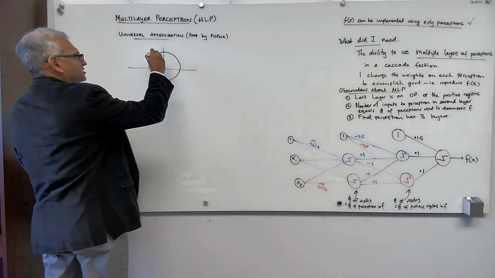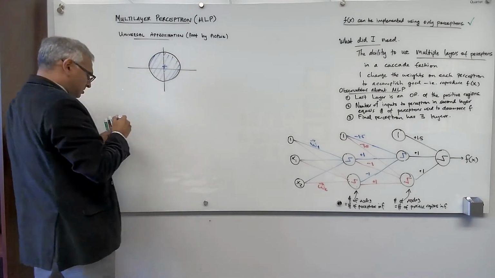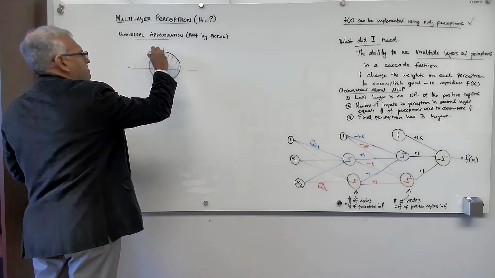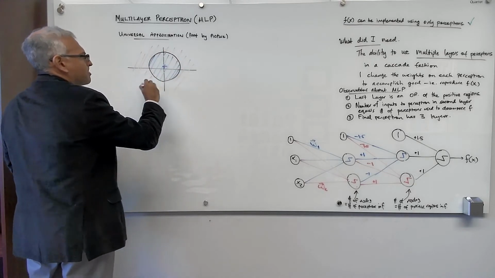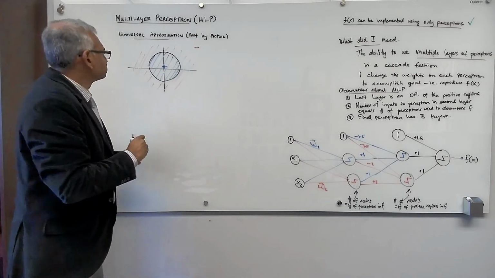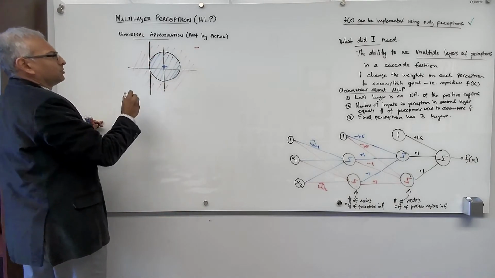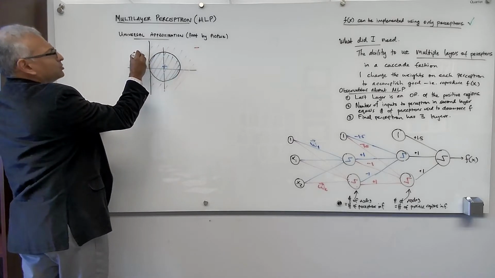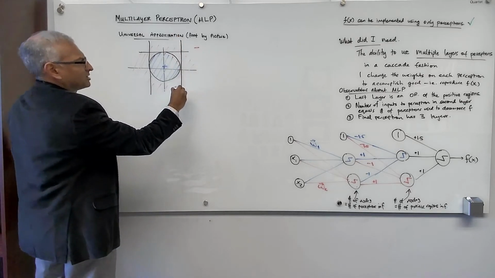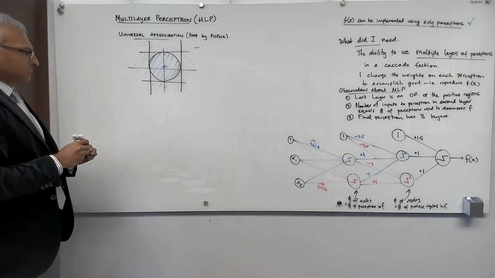So let me first tell you what's the classification problem, what's the target function. So inside here is plus, and outside we are minus. Okay, so here's my first attempt. I'm going to put a line here. One of my perceptrons, let's call it W1, with positive inside. W2 with positive inside. W3 with positive inside. And W4 with positive inside. Okay? So what will that implement?